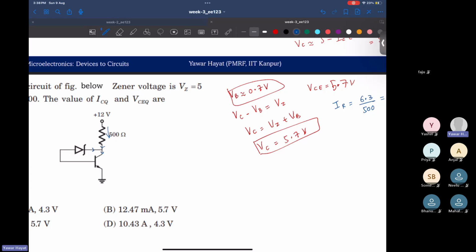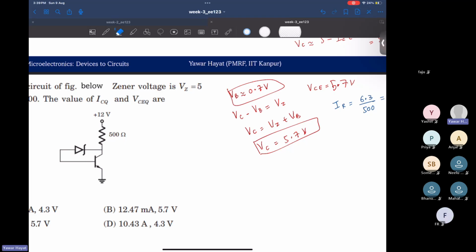Now, what about the other one? At the collector node, the resistor current would supply IC as well as the Zener current, right? In fact, it's the other way around. In fact, this splits up. This is this plus this, right?